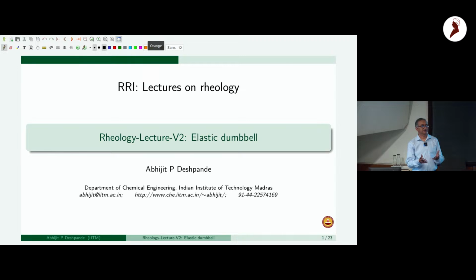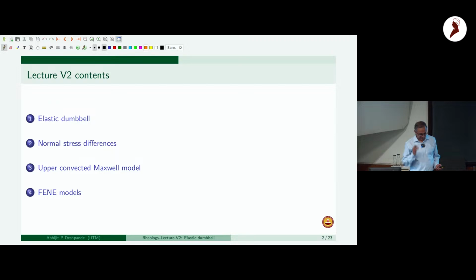So it has a nice complementary feature to what's known through continuum modeling. Quickly, what I'll do is look at the elastic dumbbell as a model, and then look at the normal stress differences, and then the response of the upper convected Maxwell model.